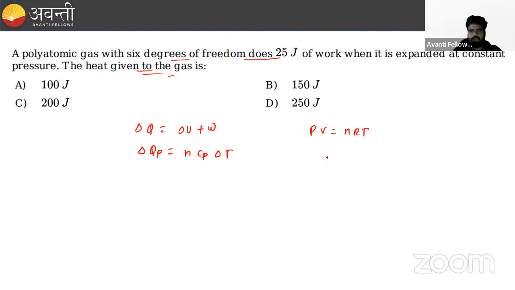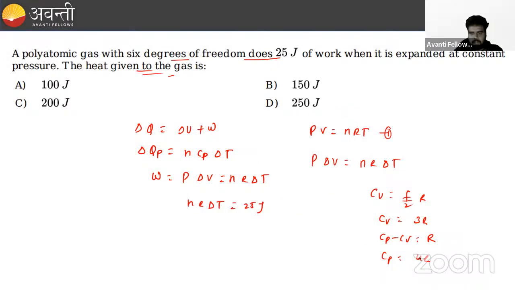Cp minus Cv, from Mayer's formula, is equal to R. So what we can say is the value of Cp is 4R.